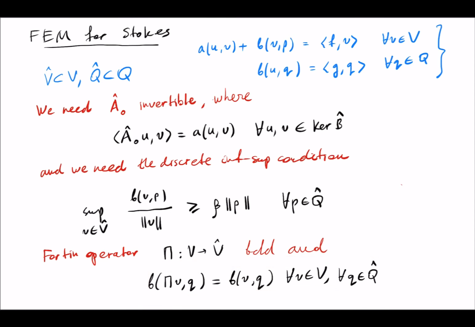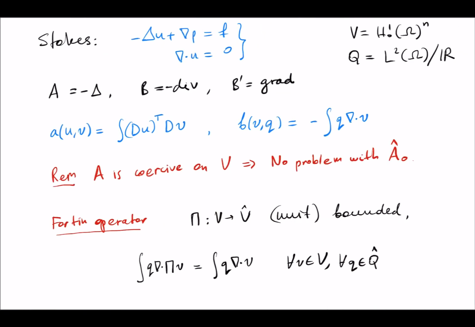Okay, now let's specialize this to the setting of the Stokes problem. For the Stokes problem, we have V, called the velocity space, that's H10, since we are taking the Dirichlet boundary condition, vector valued.